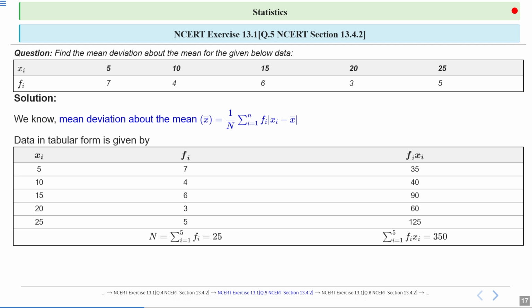Then we get f_i multiplied with x_i values of 35, 40, 90, 60, and 125, and then adding up all the frequencies, n equals summation i equal to 1 to 5 of f_i equal to 25, and adding up all the f_i x_i, the total is 350. So this sets up to calculate the mean in the next step.